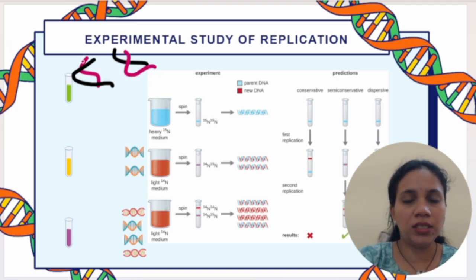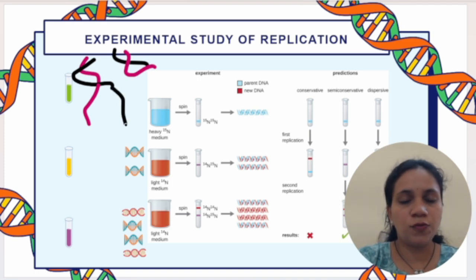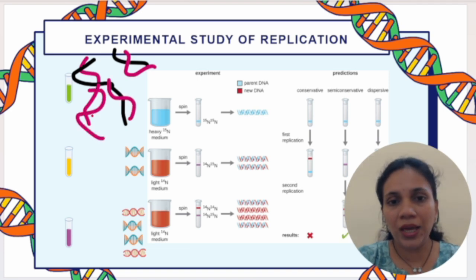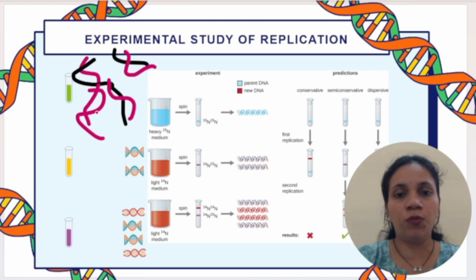So now let us do a replication for this. Here both the strands are open, right? And henceforth only N14 is present, right? So that means the strand is going to have only N14. This pink is representing the N14.